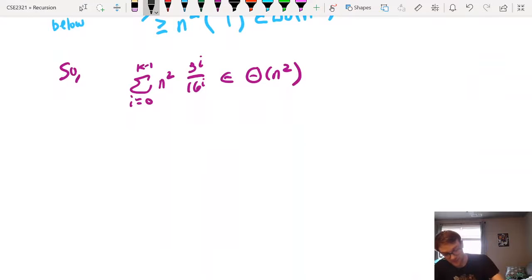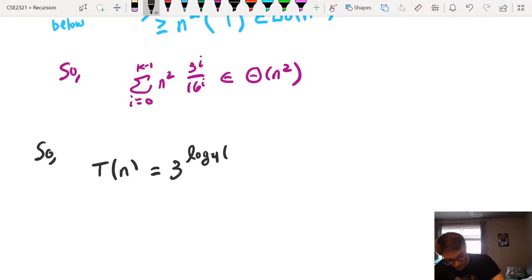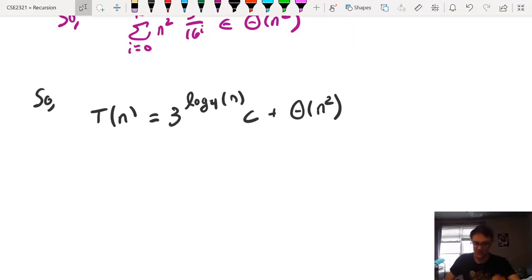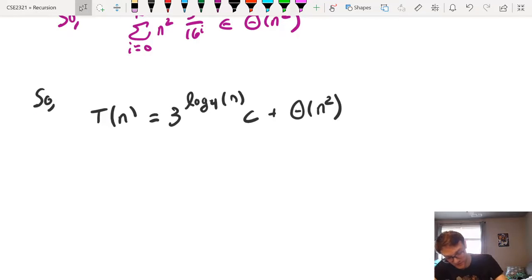We have, so T of n is equal to 3 to the log base 4 of n times c plus c times theta of n squared. So maybe I just write all of that as theta of n squared. Now, which thing wins here? This first term, I can't really analyze it as it's written, so let's try something.